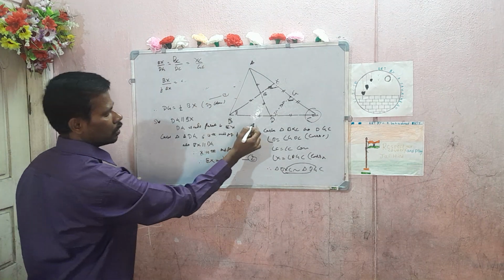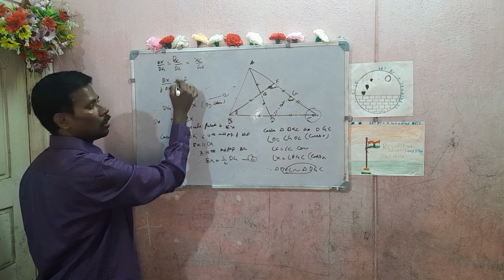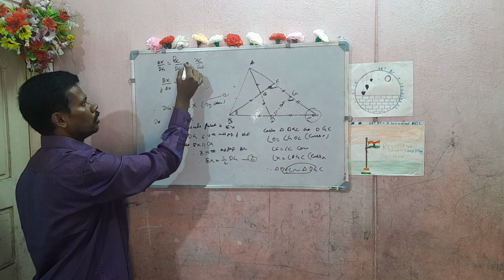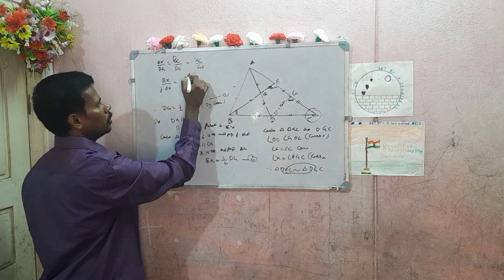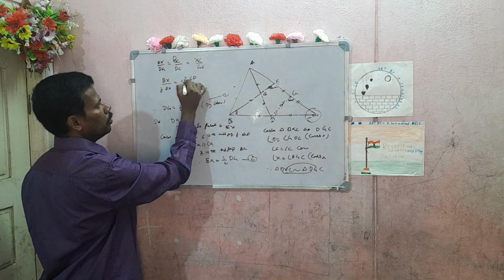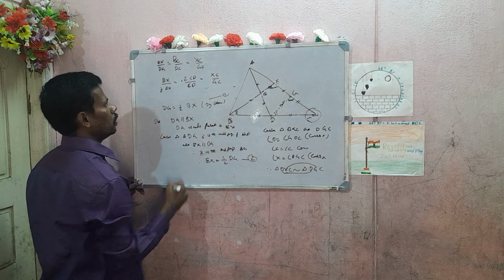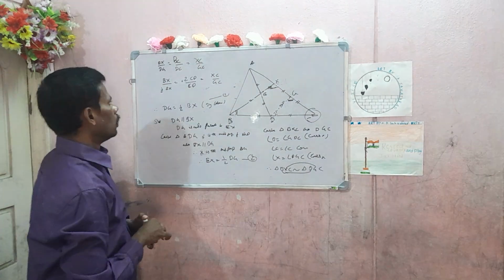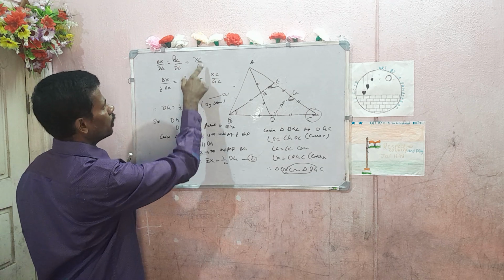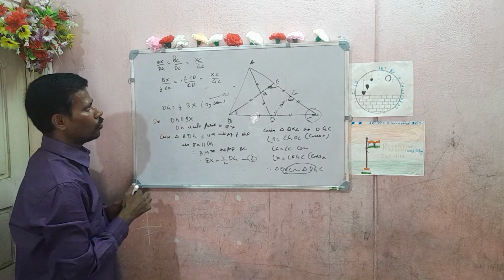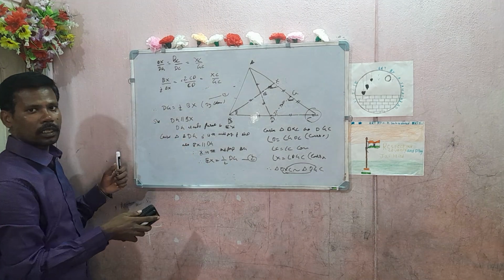What is BC? BC length is nothing but 2 times CD, so 2 times CD by CD is equal to XC by GC. Right? Until here it is clear.